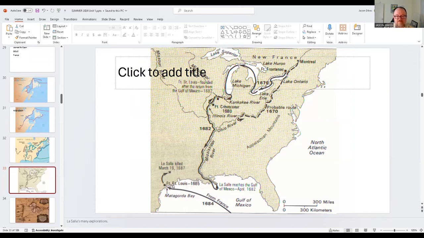And if you've been to the Bob Bullock Museum, they have one of La Salle's ships that was raised up out of the Gulf of Mexico at the Bullock Museum there on the first floor. But La Salle coming into Texas and dying here somewhere out in East Texas in 1687.